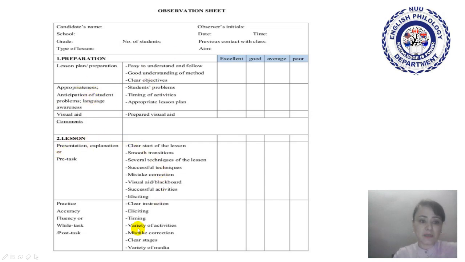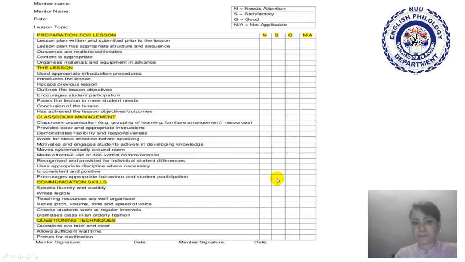The second part is about the lesson: is there any pre-task, while-task, or post-task, presentation, explanation, the voice of the teacher, then the blackboard, successful activities, or eliciting and questioning students. You may give your own scores here: excellent, good, average, or poor.